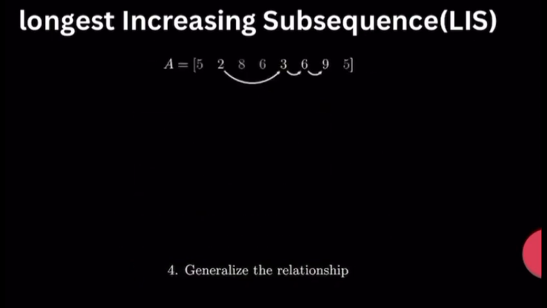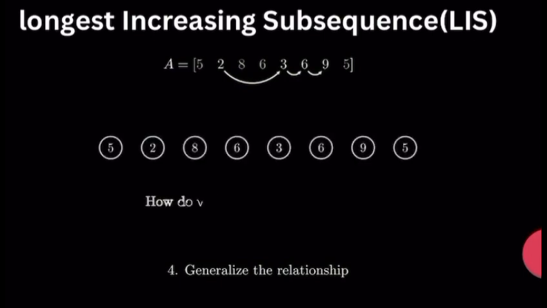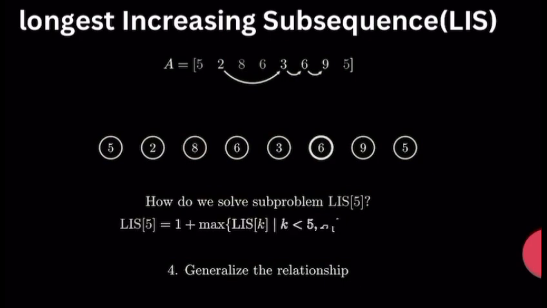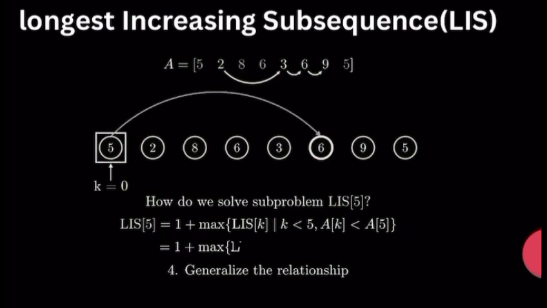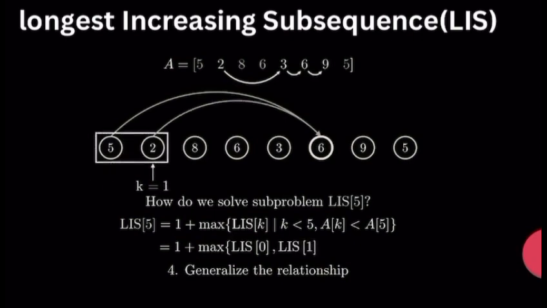Let's see yet another example: the longest increasing subsequence ending at index 5. The key idea here is that we choose subproblems ending at index k if and only if the value at index k is less than the value at index 5. We start with k equals 0. Since the value at index 0 is less than 6, we need to know the answer to that subproblem, and we continue to go through all possible k values less than 5 and include subproblems that satisfy the constraints laid out by the problem.